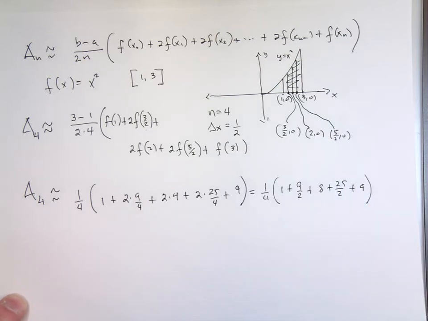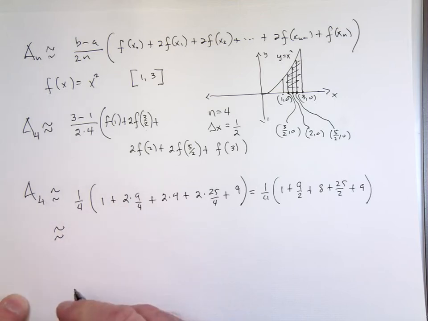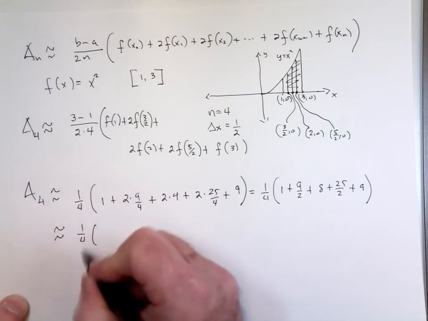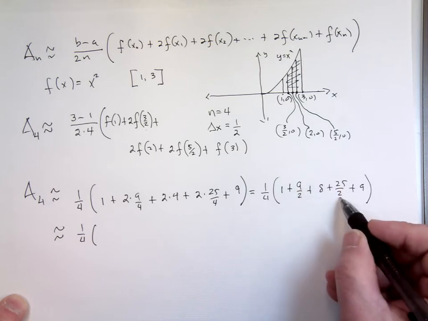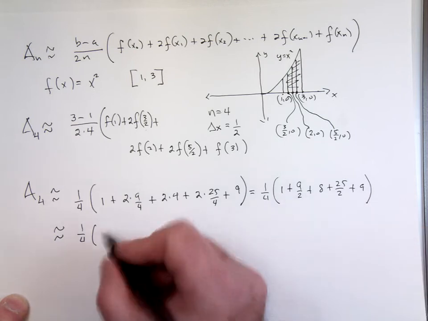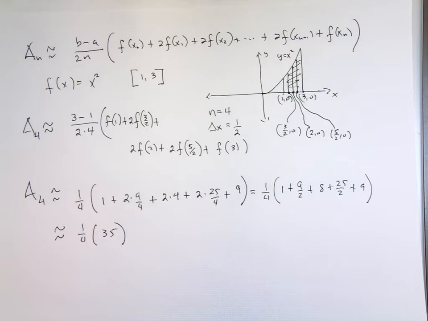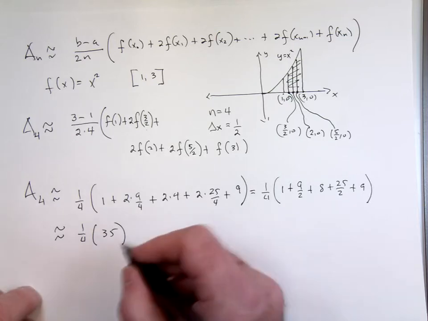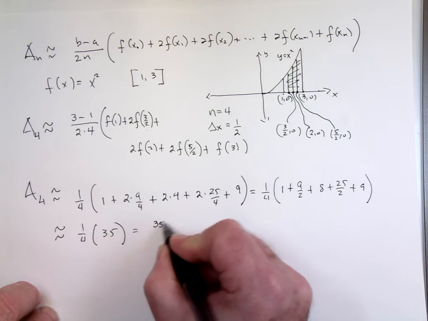Let's see, I've got 34 halves. That's 17. Another 17. I have 35 inside here, so I think I have 35. Yeah, that looks about right. So I get 35/4.